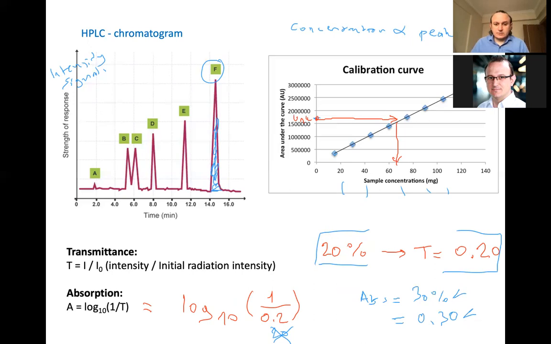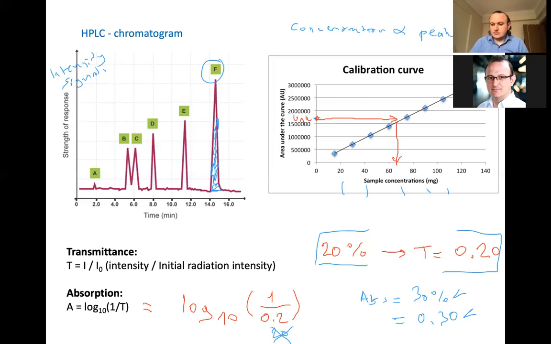Well, that was just a small summary to make it somehow clear, the absorbance and transmittance and the equations and the numerical values, how to put them in equations so you can make the calculations by yourself. And I just tried to remind you about what the calibration curve is, why it is important, and how we use it.